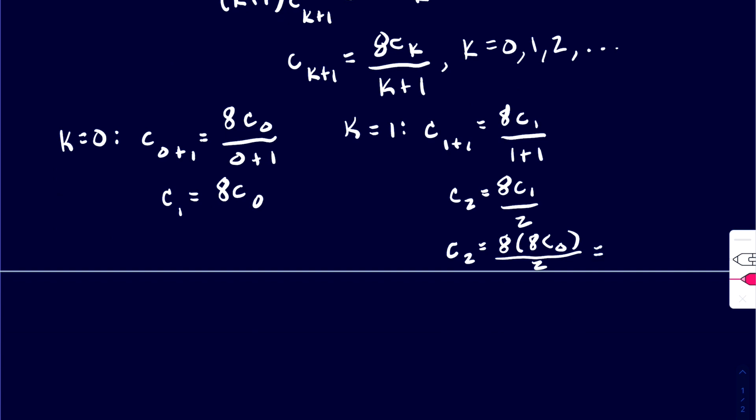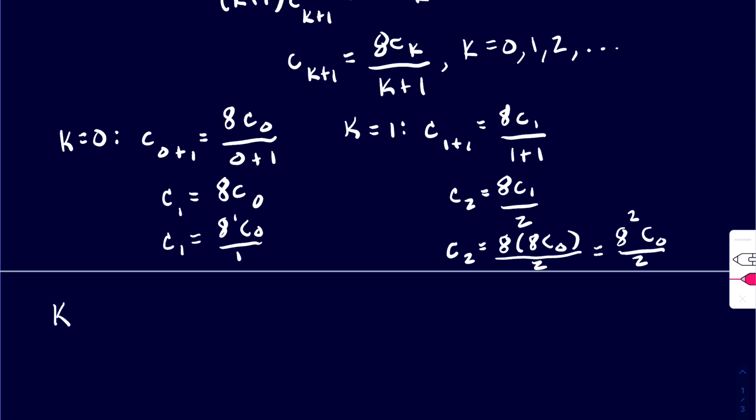And that, of course, will be 8 squared c0 over 2. Cool so far? Now, we could also write c1 equal to 8 to the 1 c0 over 1. So let's see what happens with this trend.